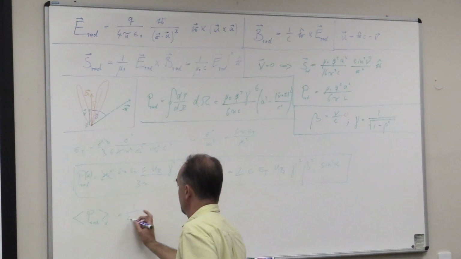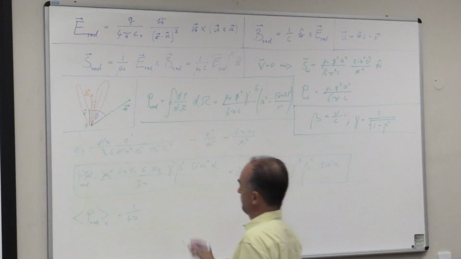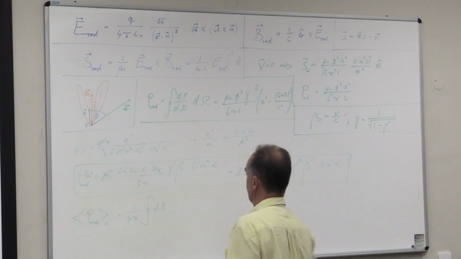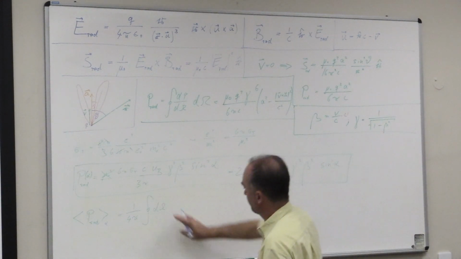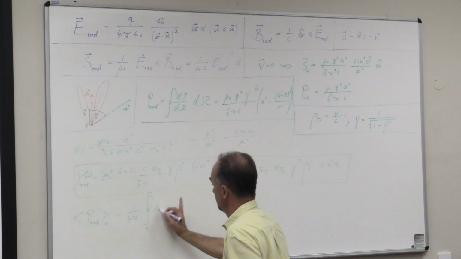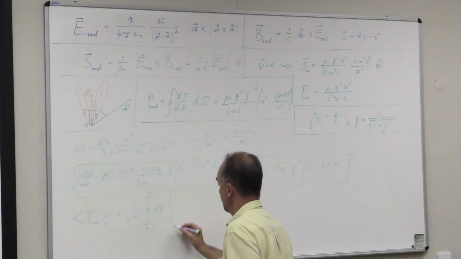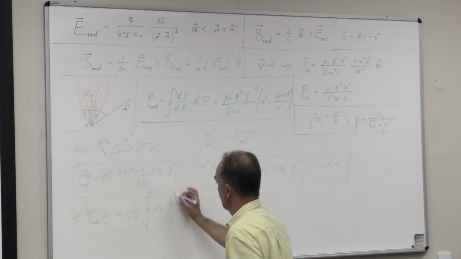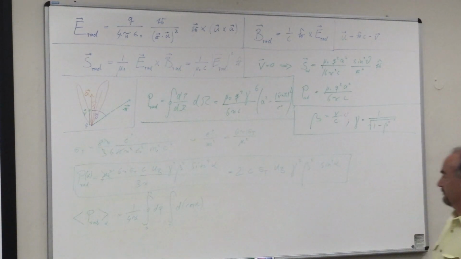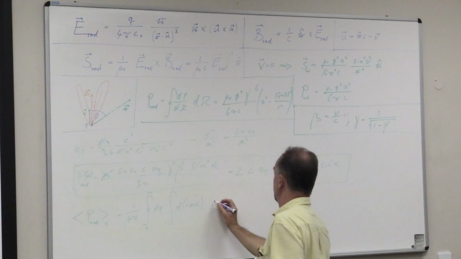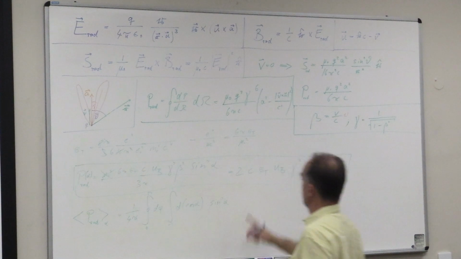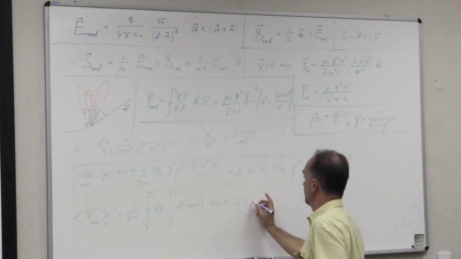Well, that would be like the average, divided by 4 pi, integrate over all 4 pi. The integral over 4 pi, of course, we can write as 0 to 2 pi d phi, and then minus 1 to 1 of d cos alpha, sine alpha, times this, times sine squared alpha, times all the factors that don't connect.